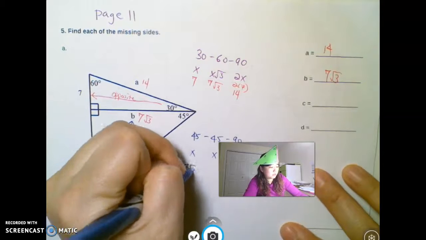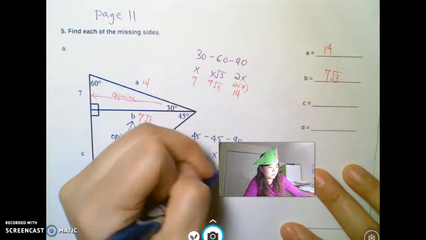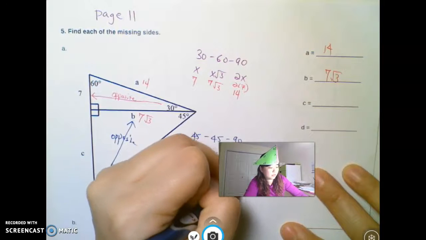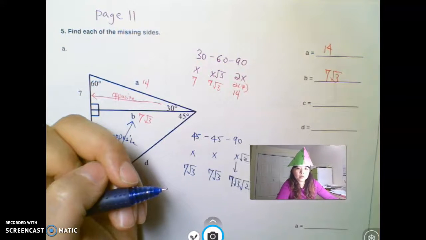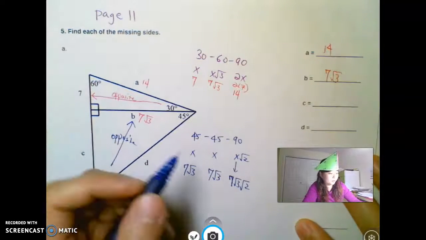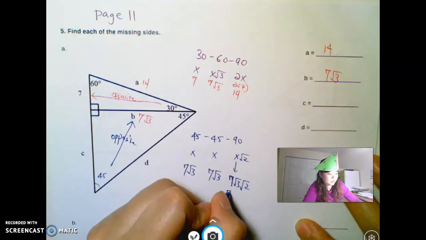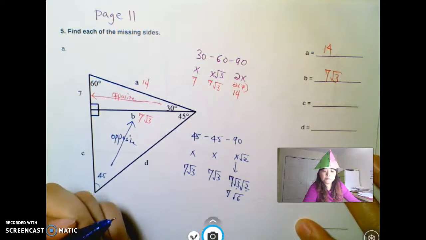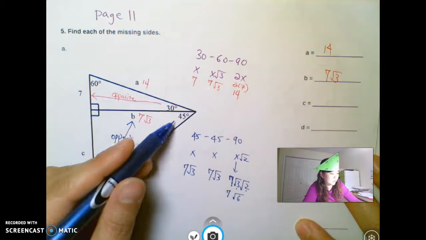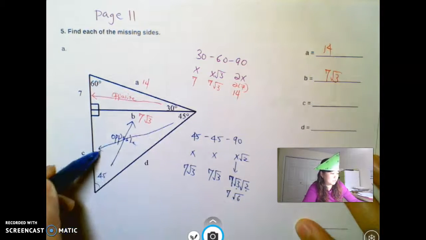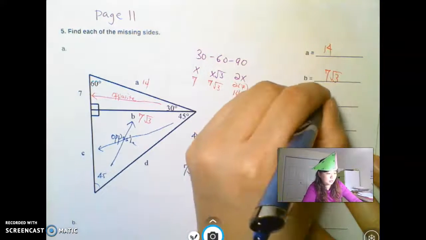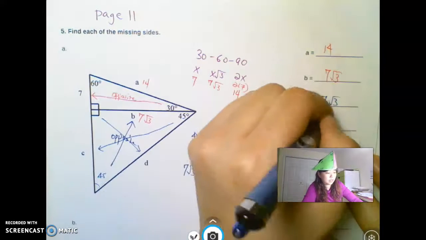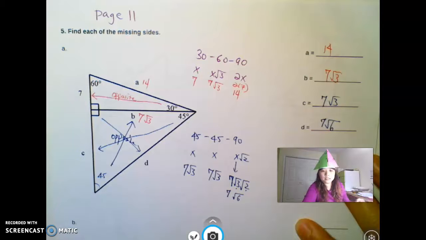So x is 7 root 3, and then multiply by root 2. Numbers outside, just 7. Numbers inside, 3 times 2, 6. Done. So opposite of 45 is C, that is 7 root 3. And opposite of 90, that's D, that is 7 root 6.